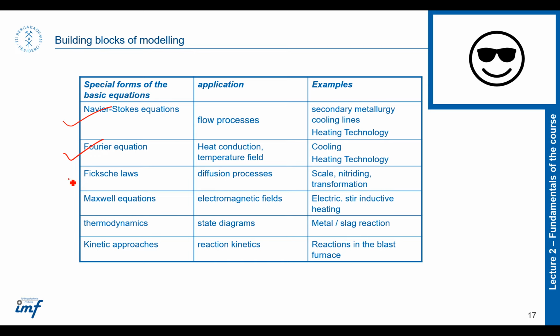And then there are Fick's laws for diffusion processes, Maxwell equations for electromagnetic fields, thermodynamic models for state diagrams on what the phase will be and what the conditions would be, and then the kinetic approaches for kinetic reactions, such as in blast furnaces.